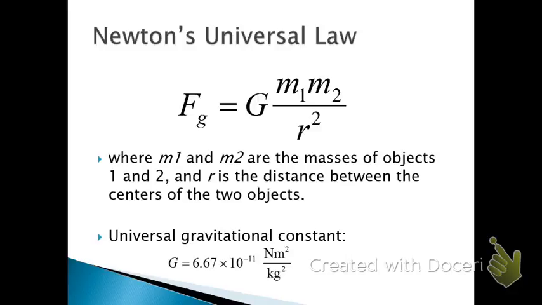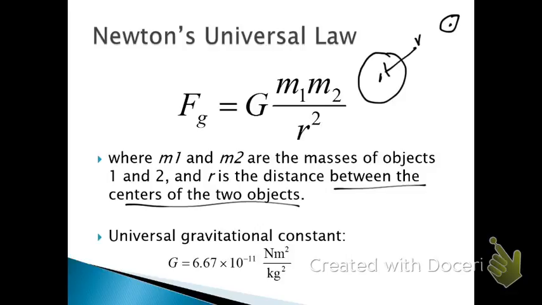So I'd take that G, multiply it by mass 1 times mass 2, all over r squared, where specifically r is the distance between the centers of the two objects. And even more specifically than that, it's the center of mass of the two objects. So as the Earth goes around the Sun, I would find the very center of the Sun's mass, the very center of the Earth's mass, find that distance, and that is that.